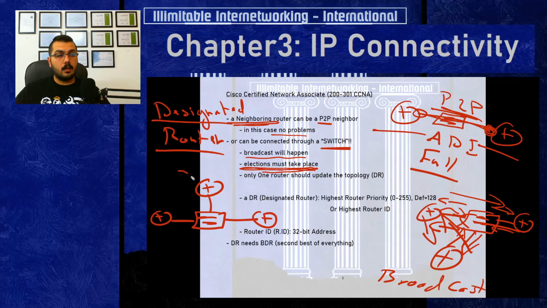Election will take this one as the DR for some factors that I will talk about in a few minutes. When this router is chosen as the DR, whatever new update happens to R2, it will not inform the entire topology. If it was 2, 3, up to 100 routers, it will only inform the DR that, hey, I have news happened to me today. Would you be kind enough to inform the others?